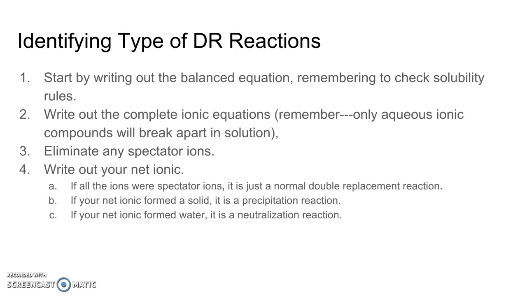We haven't used them yet, but they're on the back of your periodic table. It's in the charts where it's red and blue towards the top half of the periodic table. So you're going to check those solubility rules to figure out whether you are forming a precipitate or not, something that's very helpful to know.